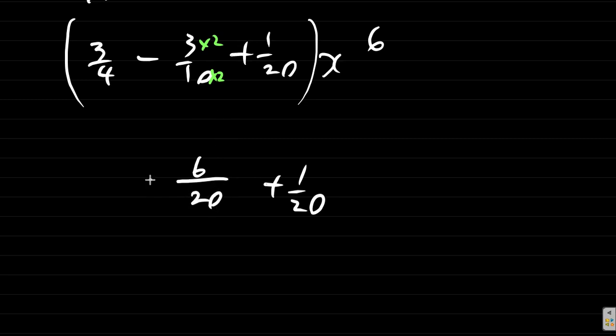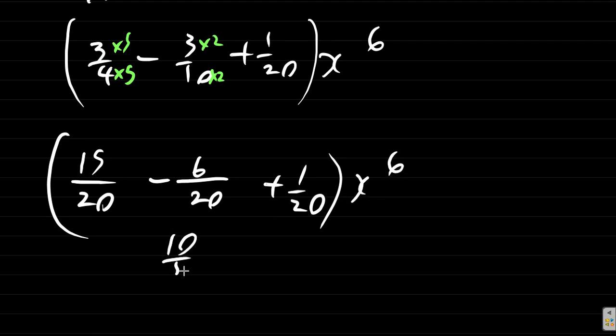Alright, minus 4 times 5 is 20, so times 5 down here, times 5 up here. So we have 3 times 5, 15, over 4 times 5, which is 20. Alright, 15/20 minus 6/20. That would give us 9/20. 9/20 plus 1/20 is 10/20. See that?